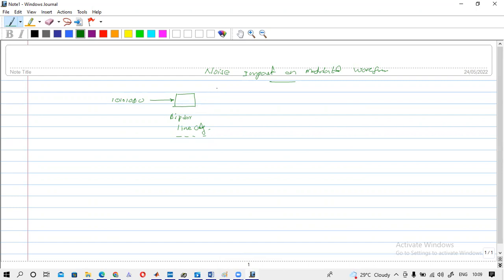Then we have the line coded signal, and here we have a product modulator. So this will be our BPSK modulator. For a BPSK, you know that we need only one basis function.